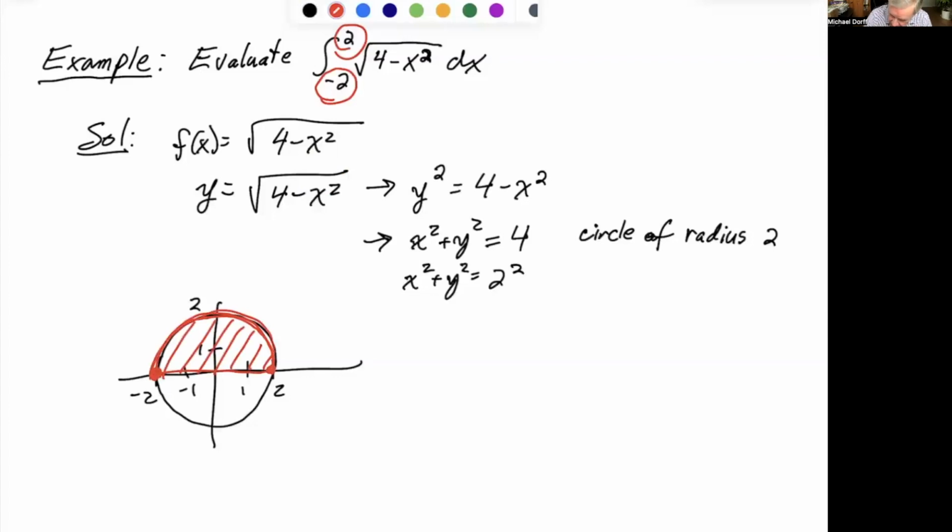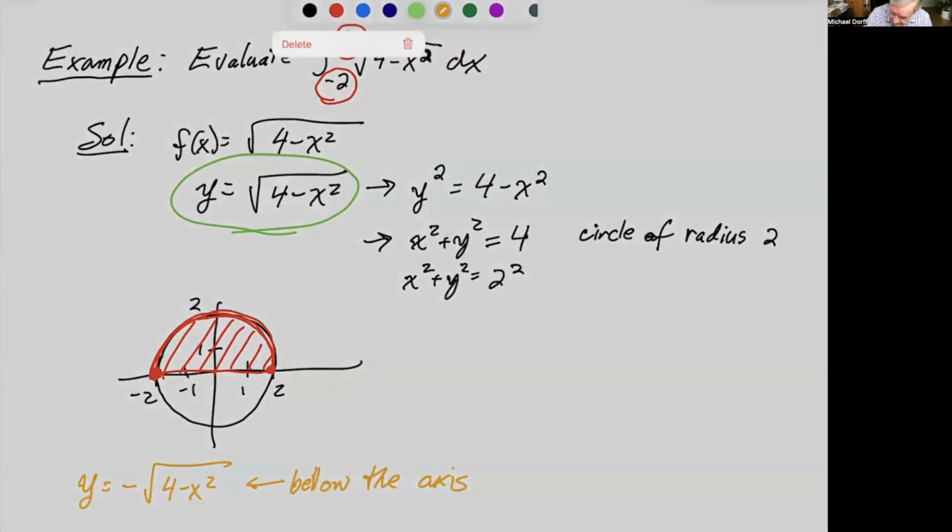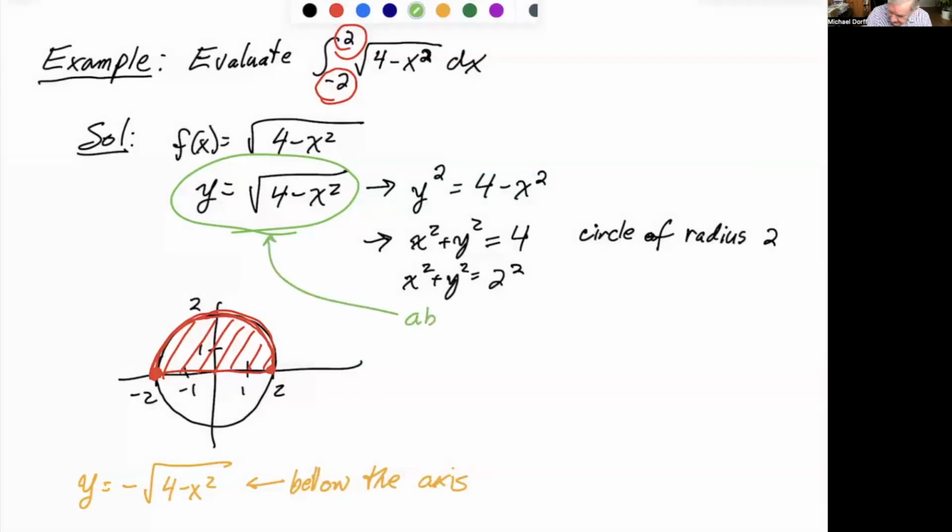Well, that's because the y value there is a positive value. y equals the square root of 4 minus x squared. If it were below the x-axis, I would do something like y equals negative square root of 4 minus x squared. That would be below, but because it's positive, this means it's above the x-axis.